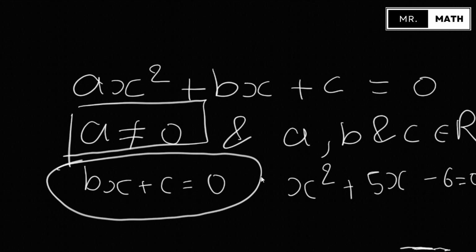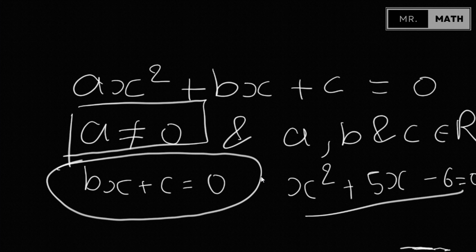I did nothing, just a's value is 1, b's value is 5 and c's value is minus 6. I am just writing a random quadratic equation so that you guys can get a feel for what this ABC is. Along with ABC and x there should be some numbers; you came to study math, so some numbers should be visible. That's why I wrote that x square plus 5x plus 6 is a quadratic equation, right?